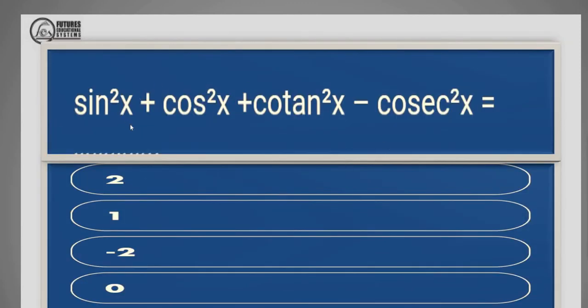This example, sine power 2 plus cosine power 2 plus cotangent power 2 minus cosec power 2. Is it 2, 1, negative 3, or 0?